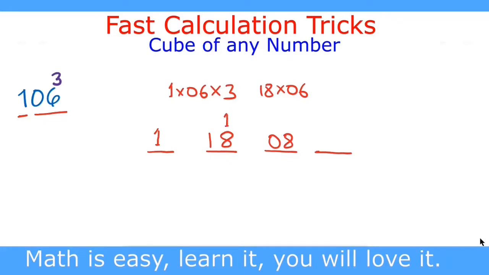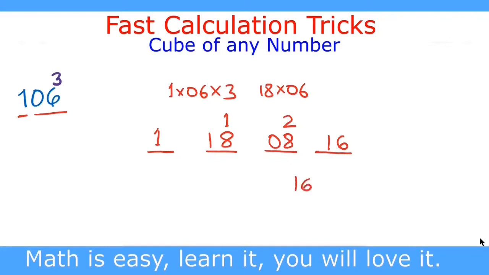After writing 2 digits of 108, so we write 08 in this third portion and carry 1 and write 1 above 18. Now in fourth portion we will write the cube of 06, and cube of 06 is 216. We write 16 of 216 and carry 2 and write that 2 above 08. Now we add all these.